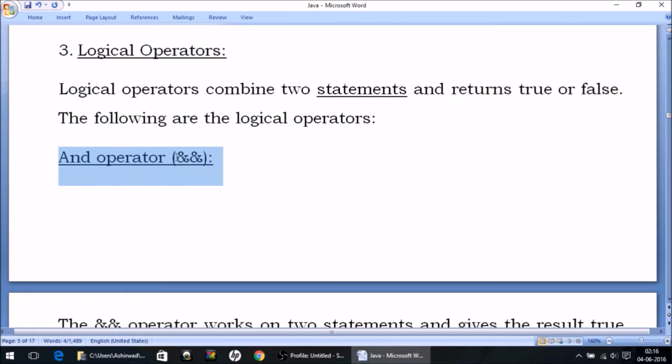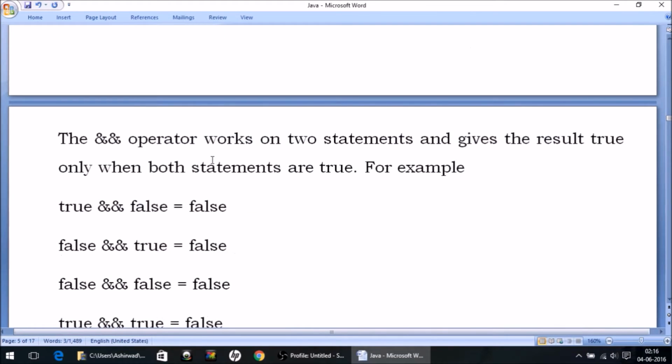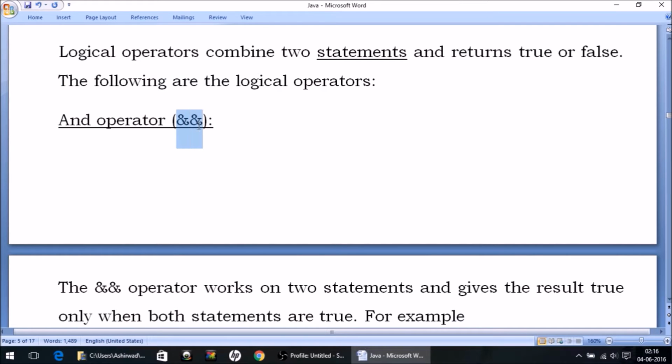So the first logical operator we are going to look at is the AND operator. This is its symbol. There is no space between these 2 signs. It is often called by some beginners as AND. Don't call it AND.